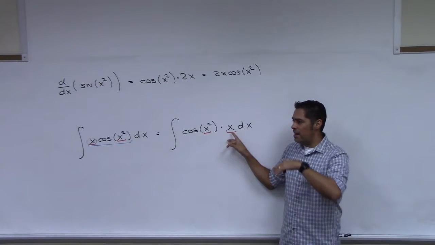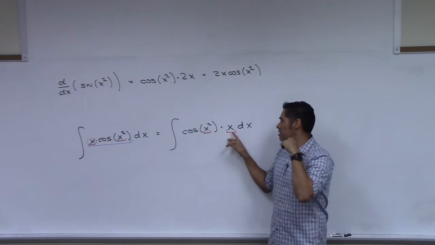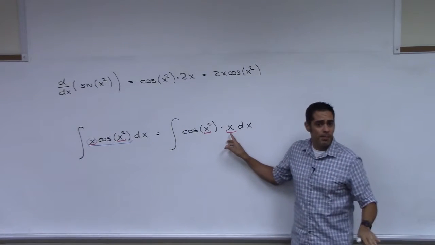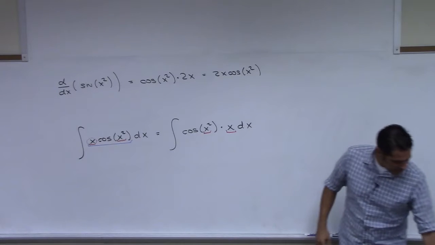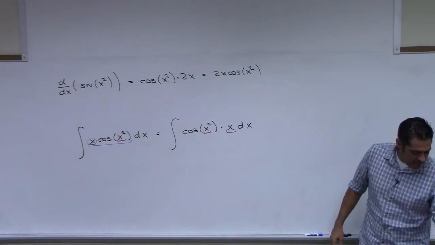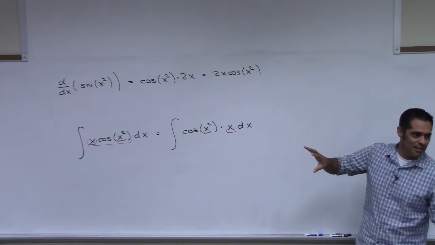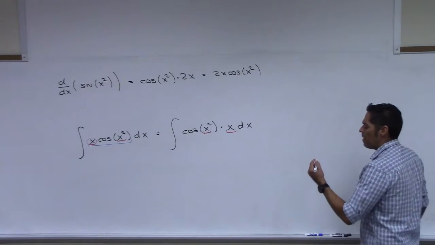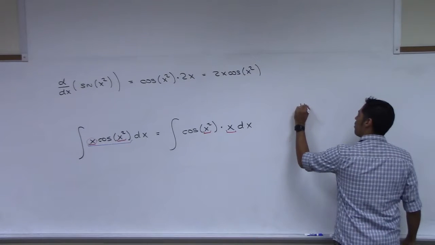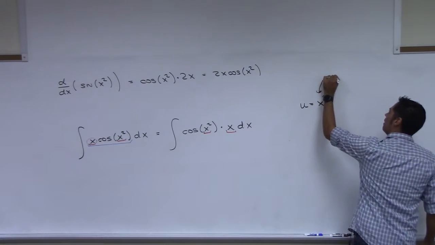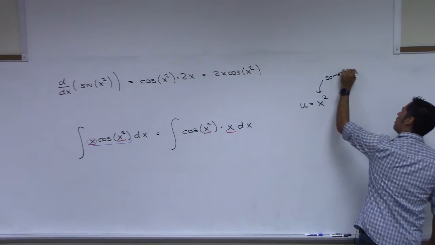So long as this is not in the denominator, so long as it's not trapped inside of a function, and so long as it's only off by a constant, I can proceed to the next step, which is part 5. Let u be that something that you saw, all right? So what am I going to call u? x squared, all right. So this right here is the something, right, that I tried to identify.